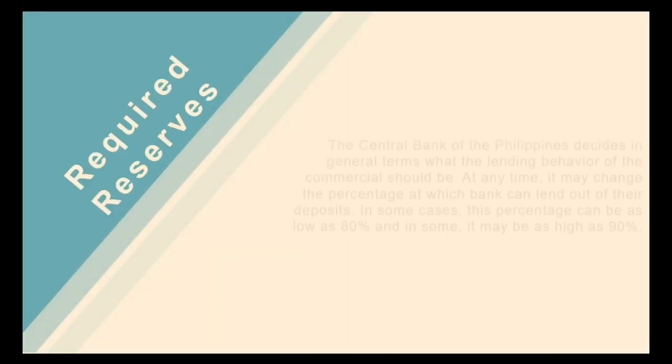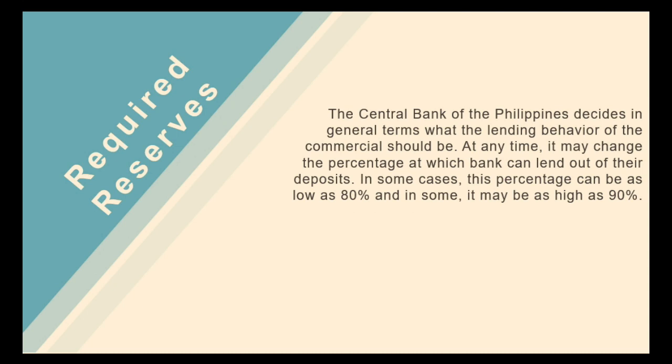First, we have required reserves. So the Central Bank of the Philippines decides in general terms what the lending behavior of the commercial banks should be. At any time, it may change the percentage at which banks can lend out of their deposits. In some cases, this percentage can be as low as 80%, and in some it may be as high as 90%.